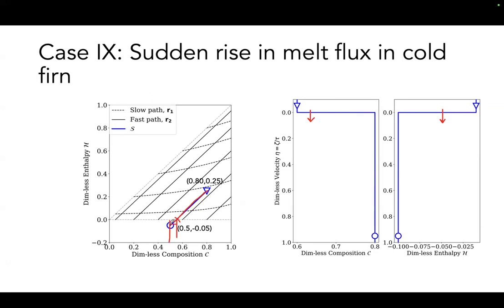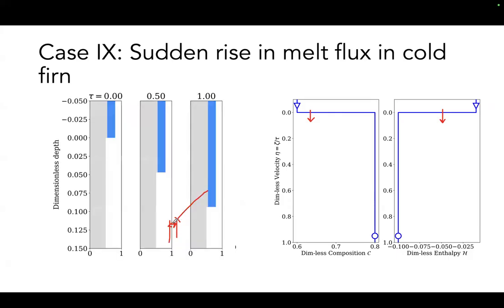So there is a small reduction in porosity when there is water that goes into cold firn. And that reduction in porosity happens because we need some of the water to be converted to ice to warm the surrounding snow or firn.